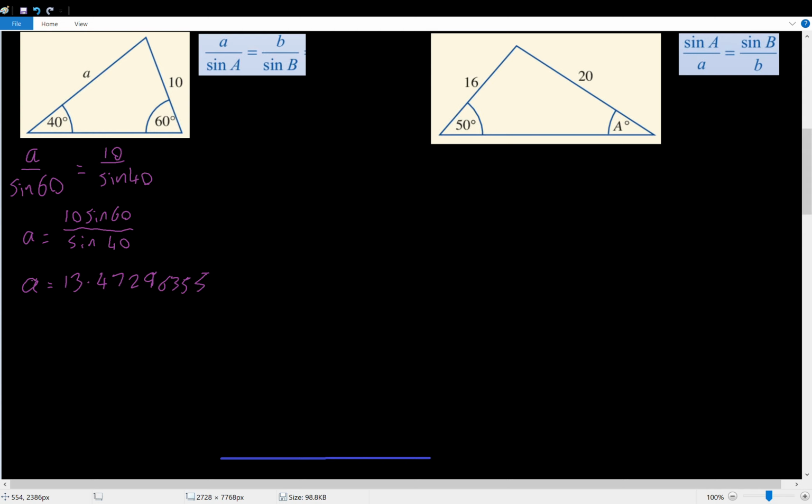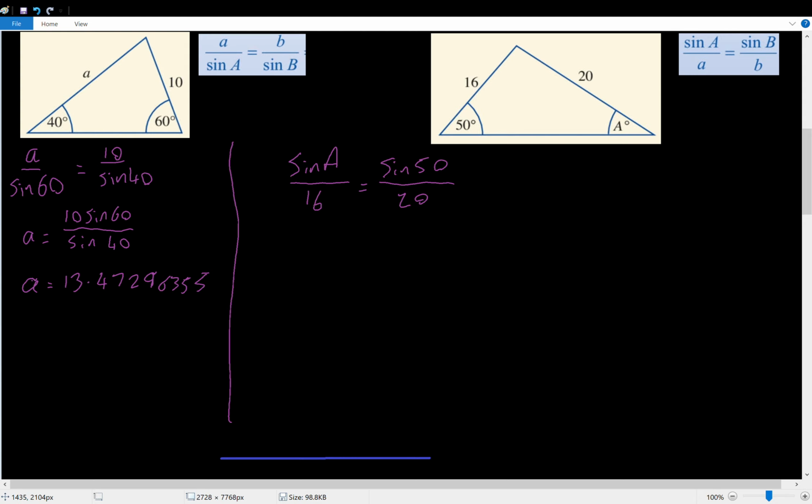In our second triangle, we're looking to get the measure of the angle A. So we're going to put that in the top left of our equation that we form in order to get this solved out. So we're going to put the sine of A all over the length of the side opposite A, which is 16. And that's going to be equal to the sine of 50 all over the length of the side opposite that, which is 20, like that.